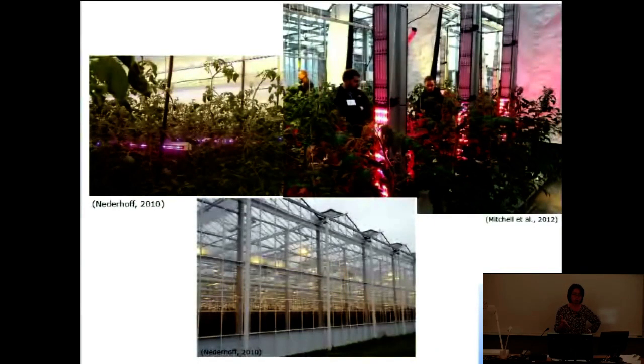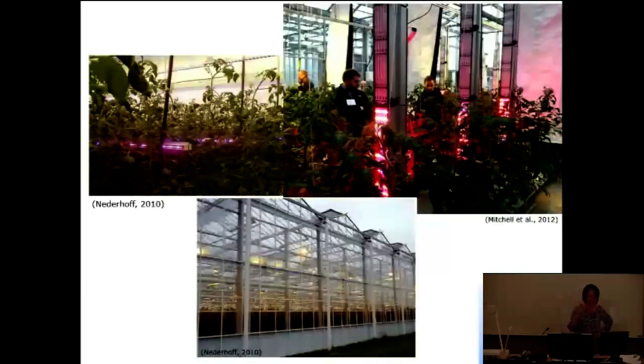A mirror is probably too expensive, and a mirror has about 90% reflectance in the PAR range, which is about the same as white plastic film. So it's not really beneficial to go to mirror compared to white mulching. But it's a good point, and growers do that. Okay, good.